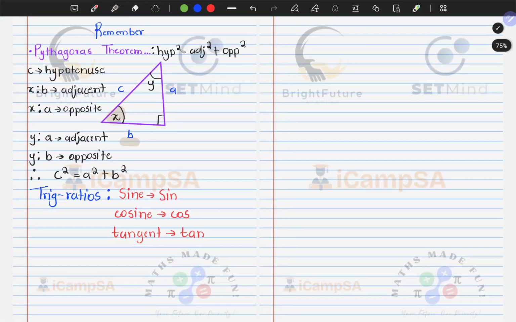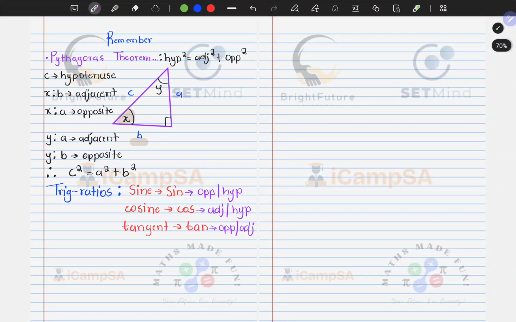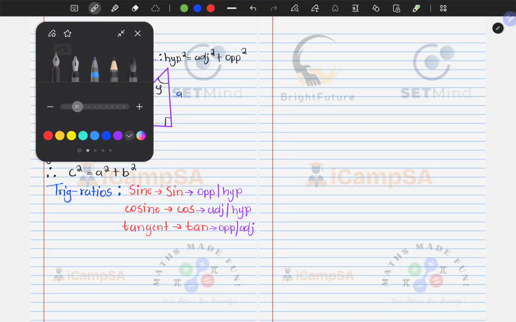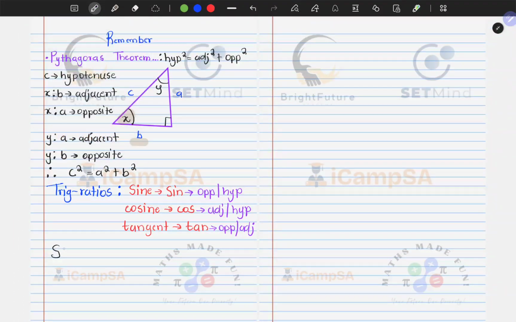When you think of sine, think of opposite over hypotenuse. When you think of cos, think of adjacent over the hypotenuse. When you think of tan, think of the opposite side divided by the adjacent side. This brings us to something very important, which is called SOHCAHTOA.